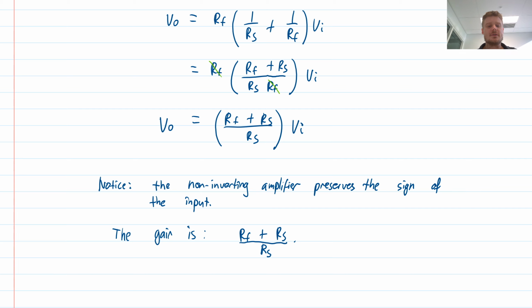So in other words, if you know the gain that you're trying to achieve, then you select resistor values such that your gain equals this relationship here. This becomes your design equation for choosing the resistor values for your non-inverting amplifier circuit.